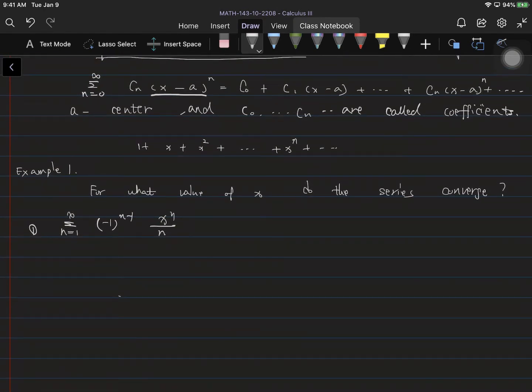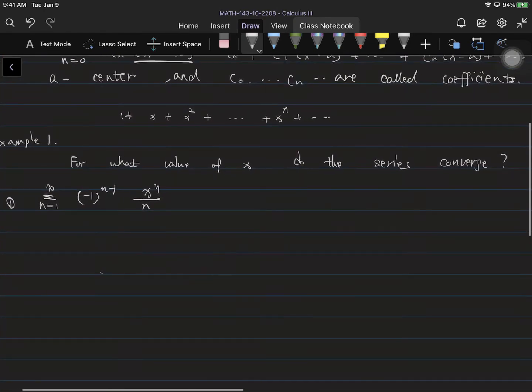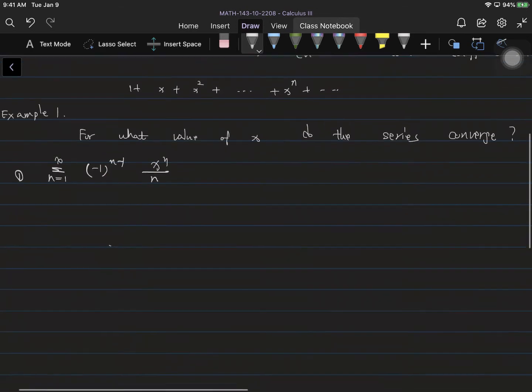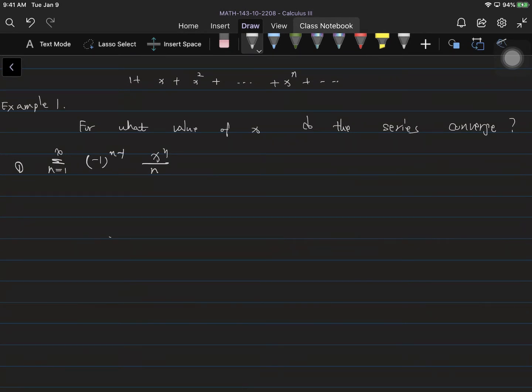Now let's take a look at the first example. For what values of x does the series converge? This is our first problem. This is an alternating series, and it has center 0, right? Because it's just x to the power n.